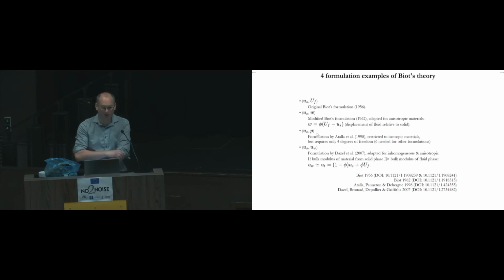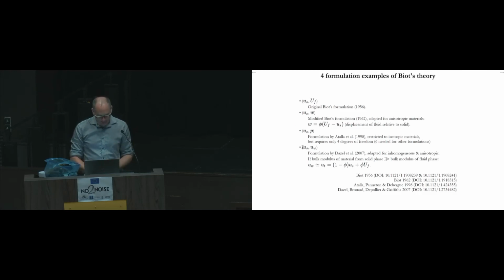And this is what Noureddine Atalla managed to get with Raymond Panneton and Patricia Debergue in 1998. It reduced the number of degrees of freedom in a finite element code, from 6 degrees of freedom to 4. So you reduce the number of unknowns, and it's better for your computation.